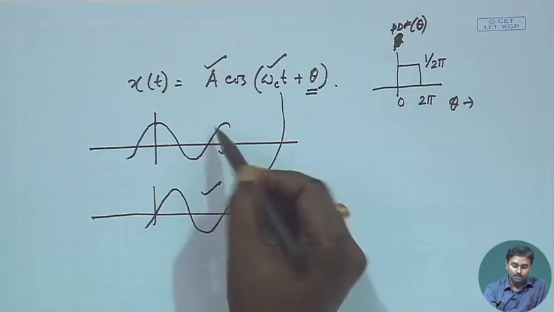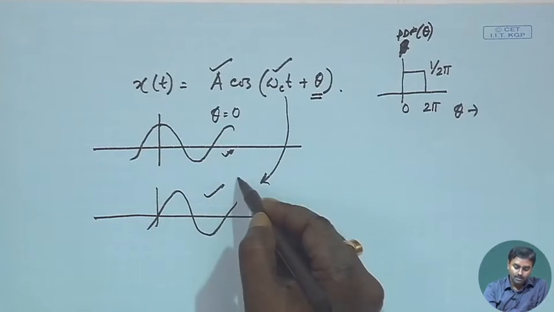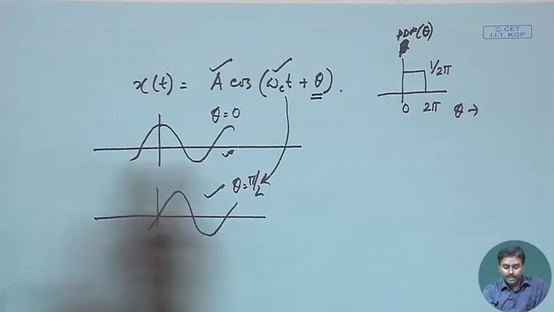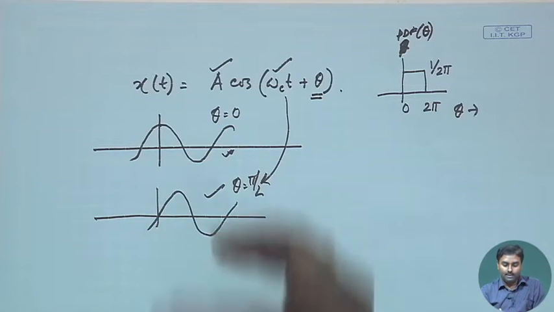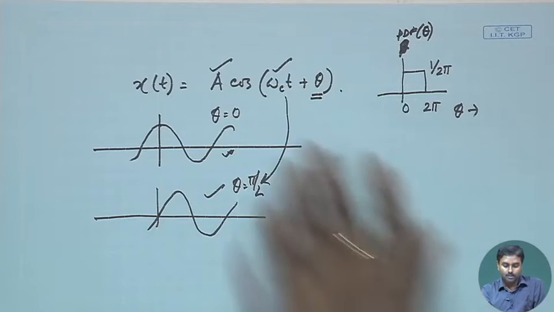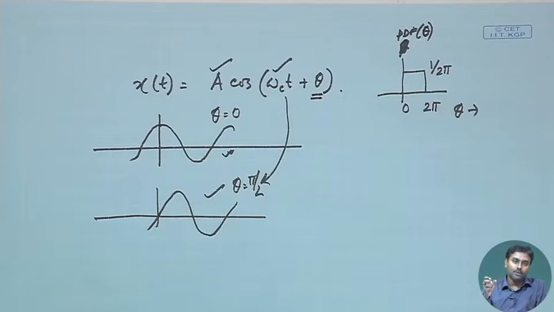Theta is 0 over here, theta is pi by 2 over here, and so on up to 2 pi. Any of them might be chosen, because when I am transmitting I do not know what that theta will be at the receiver side. So, any of them will be chosen for me.